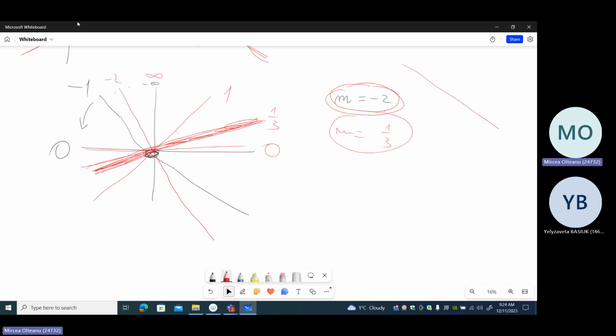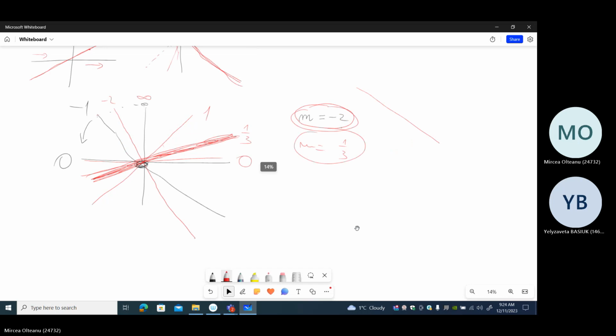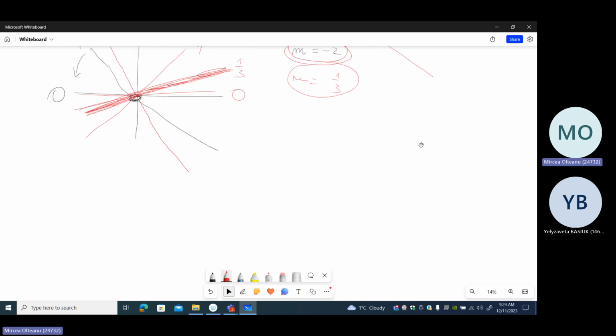Okay, and now we have an equation which gives us, first of all, how to compute the slope. So how to compute the slope? The slope can be computed in a very simple way if we have the equation of the straight line. As you know, the equation of a straight line looks like this, where A, B, C are numbers. So to find the slope, you have to explicit y.